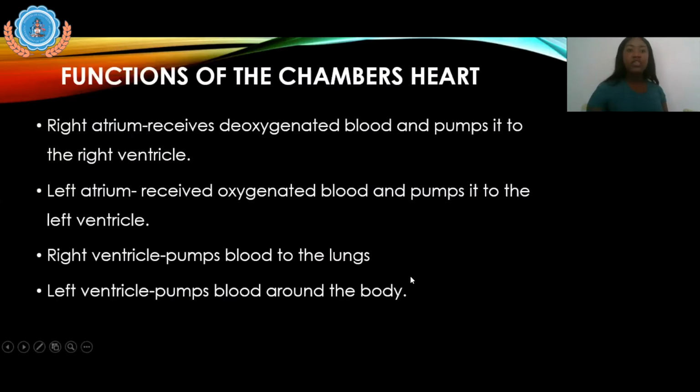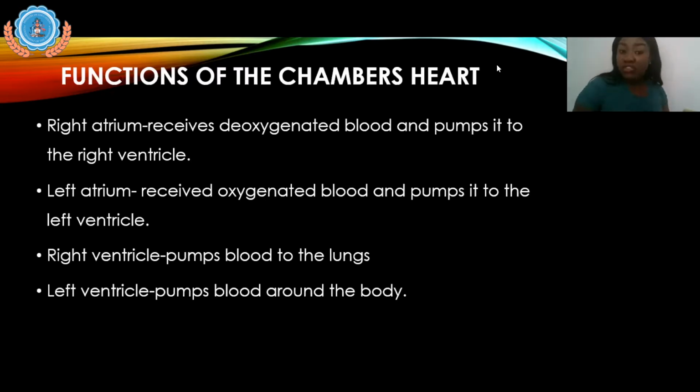Okay, so the functions of the different chambers of the heart are: the right atrium receives deoxygenated blood and pumps it to the right ventricle. As we said before, the deoxygenated blood is the blood that comes from the body. The left atrium receives the oxygenated blood and pumps it to the left ventricle. That oxygenated blood, as we also said before, is coming from the lungs.